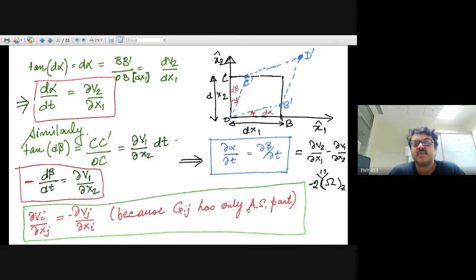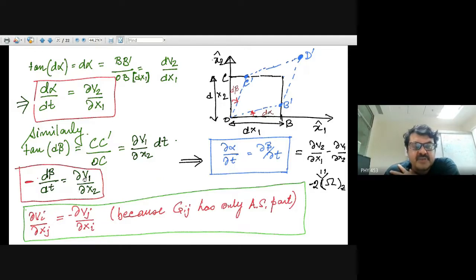Because Gij has only the antisymmetric part, we have this behavior which is ingrained in the fluid flow property, del Vi del Xj, because that's by definition, because this was the antisymmetric part.